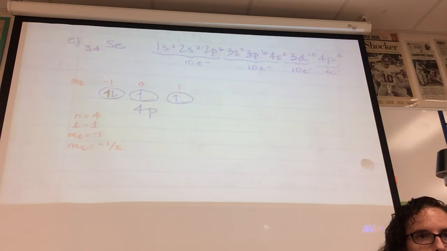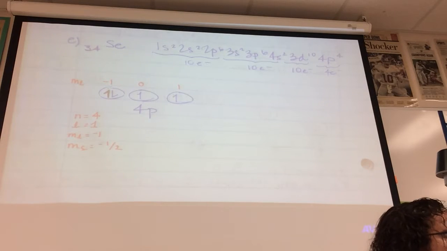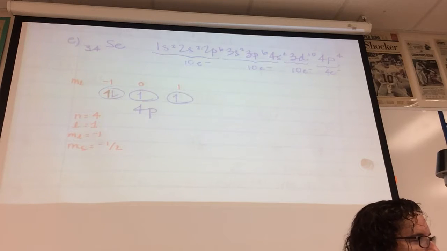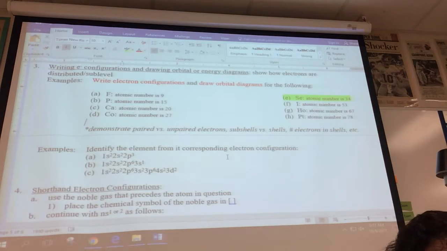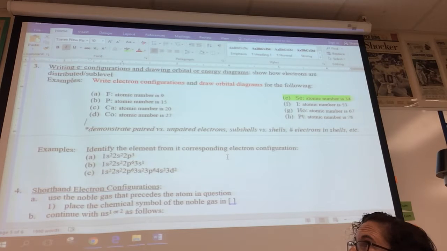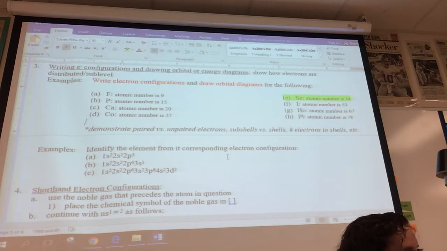Questions here? Okay, I would like you to try H. I'll let you do F and G when we problem solve, but how about you try H, which is platinum with an atomic number of 78. Give it a shot. H, highlighted in blue.